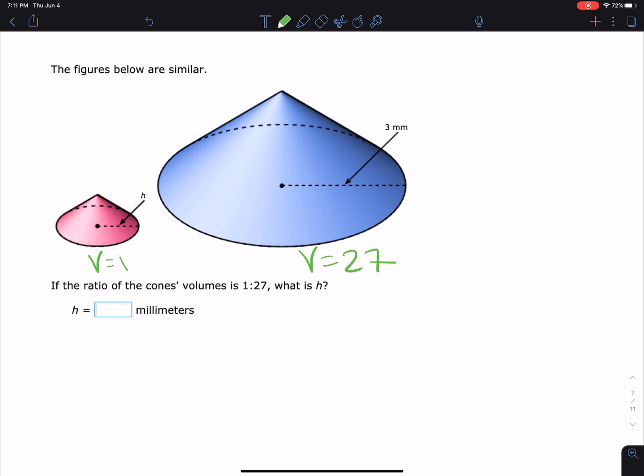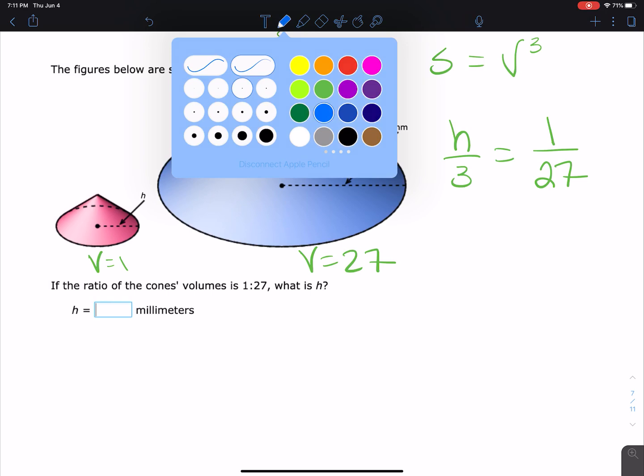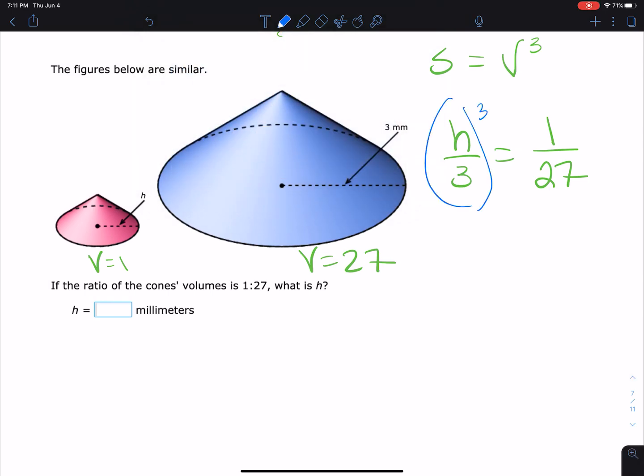So h is to 3. Now those are side lengths. So we're doing side length and volume. Volume's cubed. So I'm going to say h is to 3 as 1 is to 27. Okay. Now let's be careful here because volume is cubed. So what I need to do is cube my side lengths to make it in the same units of measurement.